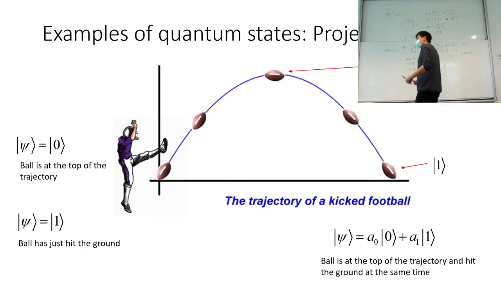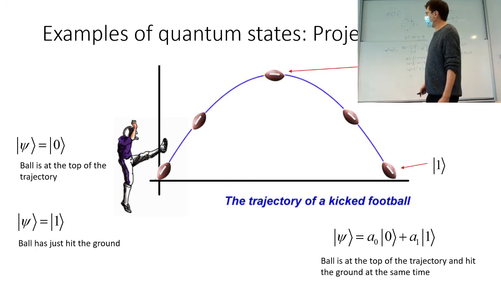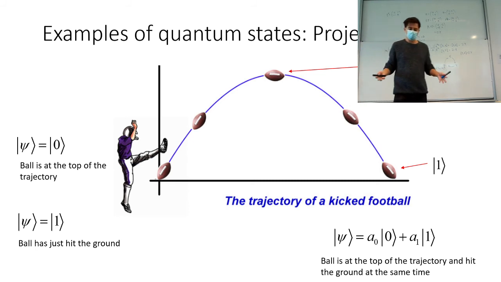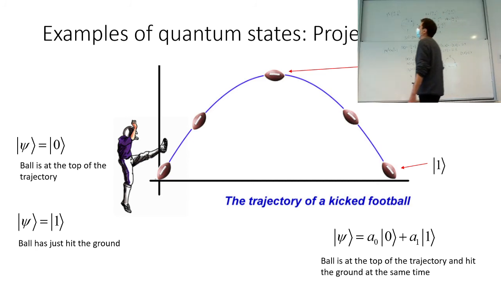Okay, and if we take quantum mechanics to the extreme, then some examples. Again, this is an example which is maybe difficult to see in practice, but exists in principle.